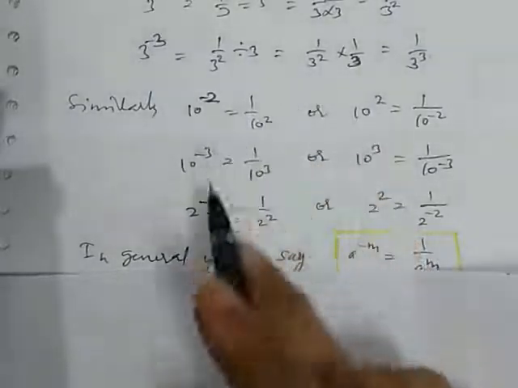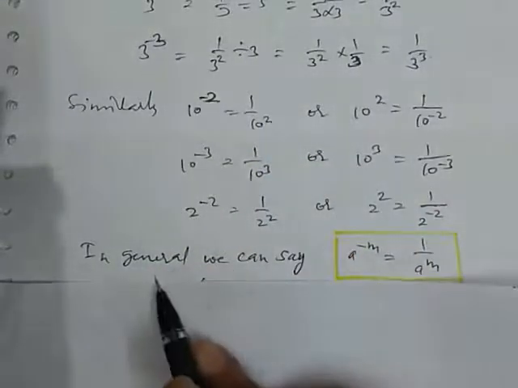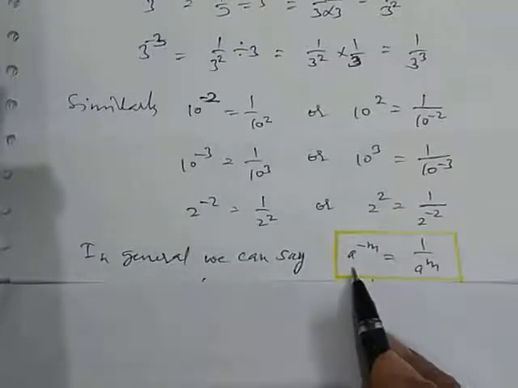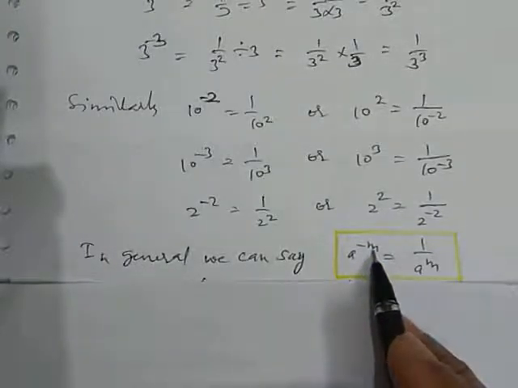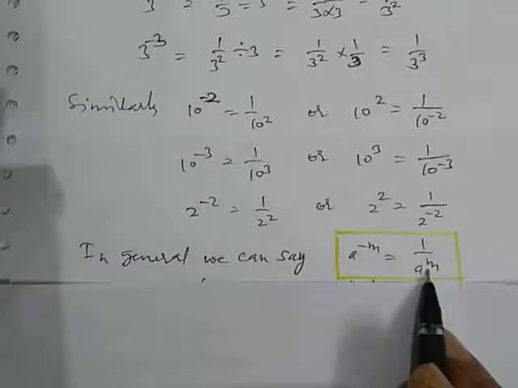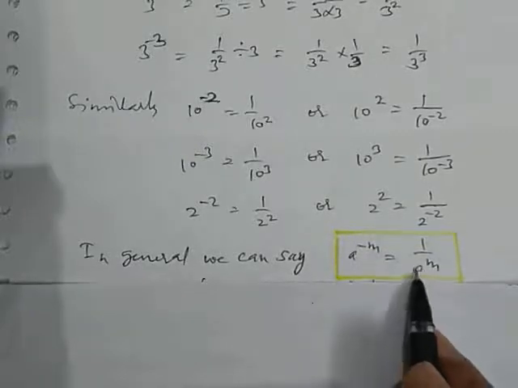So with the help of these, in general, we can say a raised to the power minus m equals 1 upon a raised to the power m. That is, if we reciprocate the number, the powers become positive.